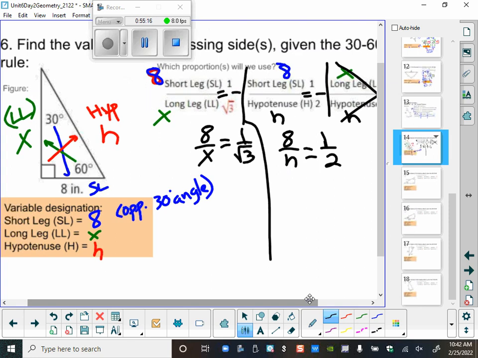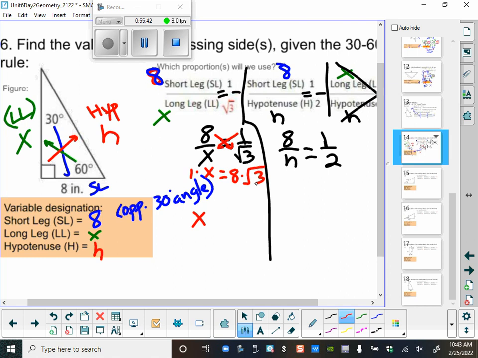All right. Well, in the first case, do our cross multiplication. What's 1 times X? 1 times X, X. What's 8 times square root of 3? Well, do we have to really do anything to the 8 times square root of 3?